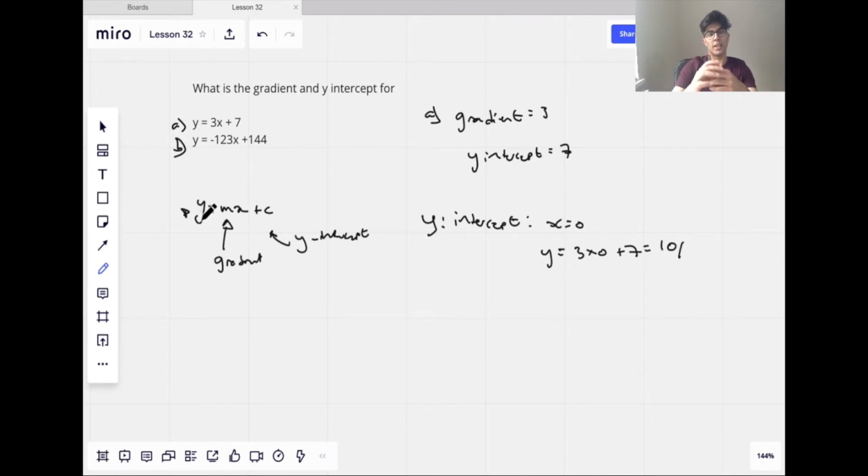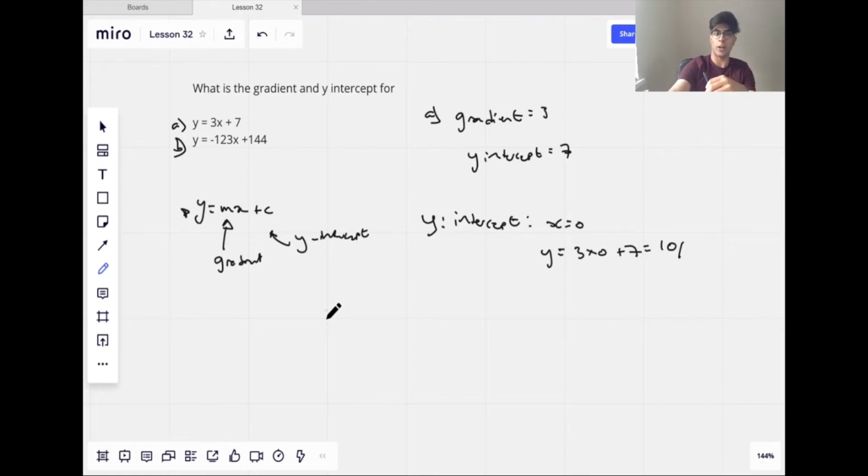For example, x equals 1, x equals 2, x equals infinity: any x is on that line, and all the y's are on that line as well. So y equals 1, y equals 2, whatever. The only question is how those x's go with those y's, and that's what the equation of a straight line describes.